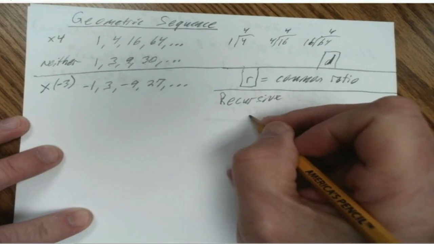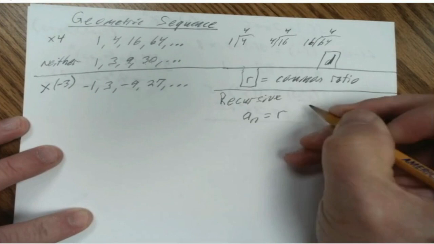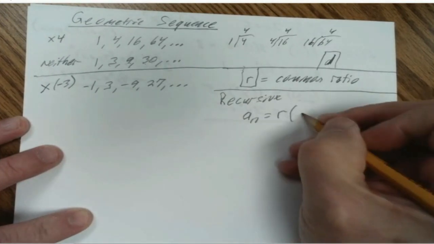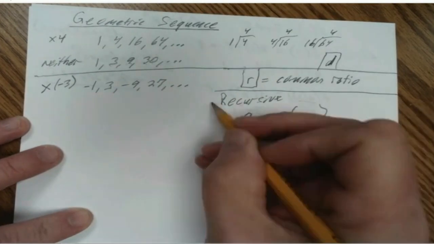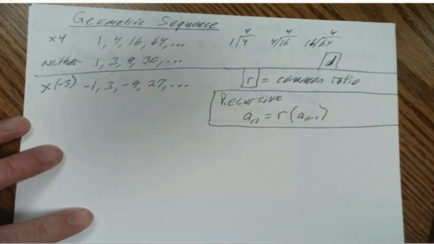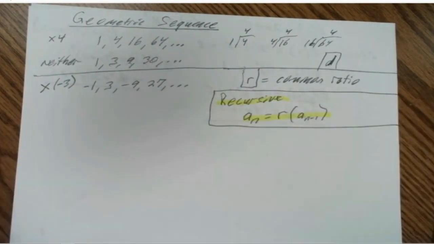And it is a sub n equals the common ratio times a sub n minus 1. Okay, we'll highlight that. So if you're taking notes, that's a wonderful thing for your notes right there.